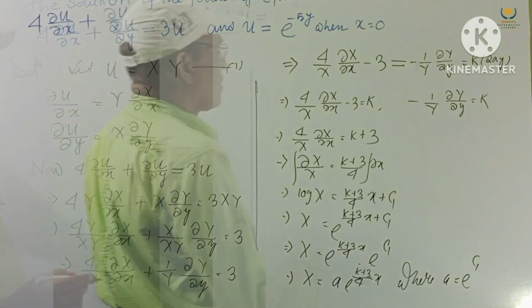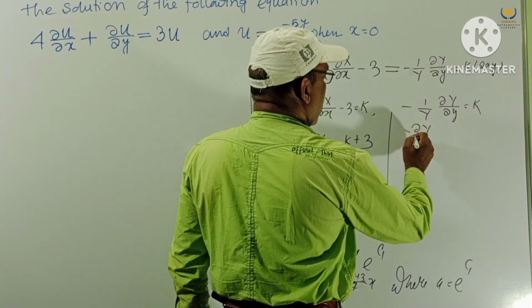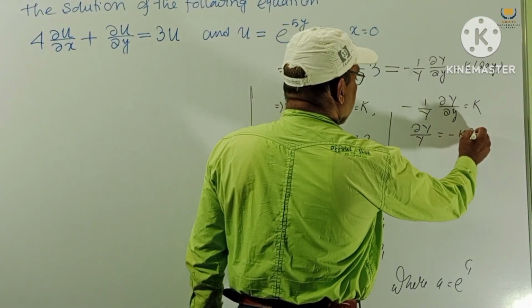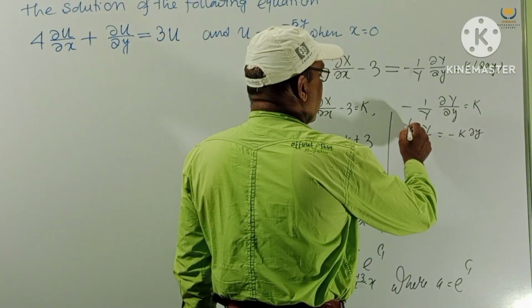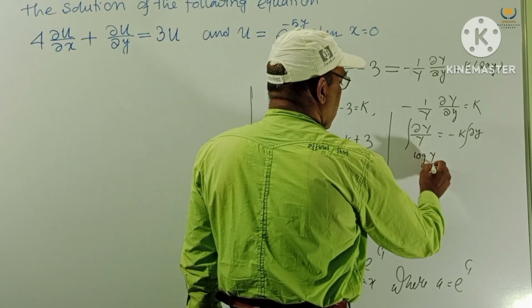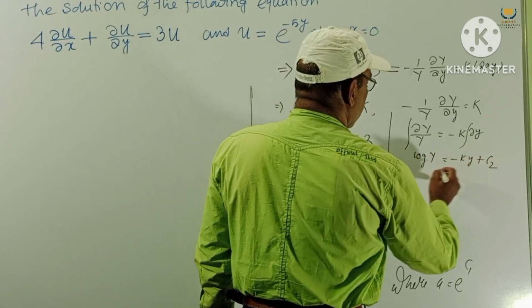We get this one. Now we can write ∂Y/Y = -k ∂y, and integrating this, we get log Y = -ky + c2.